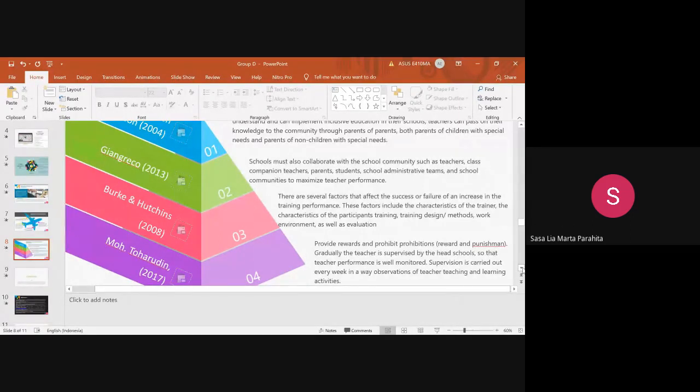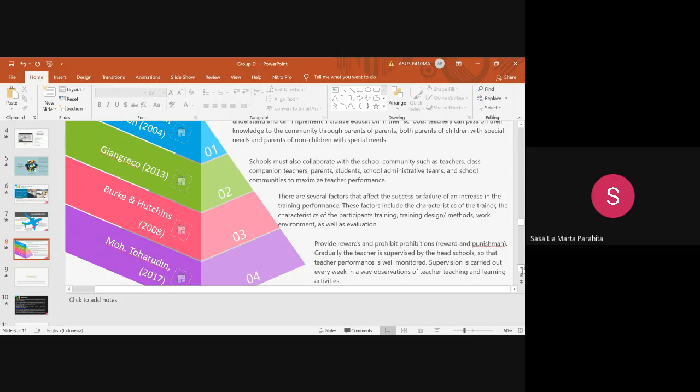There are several factors that affect the success or failure of an increase in training performance. These factors include the characteristics of the trainer, the characteristics of the training participant, training design or methods, work environment, as well as evaluation.